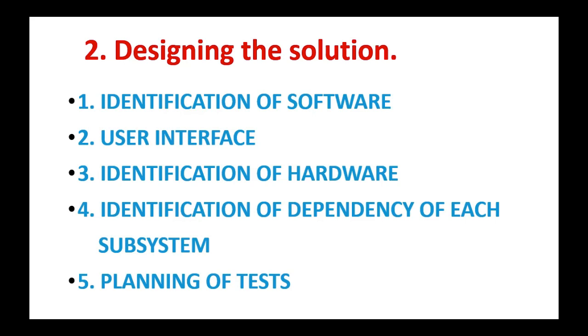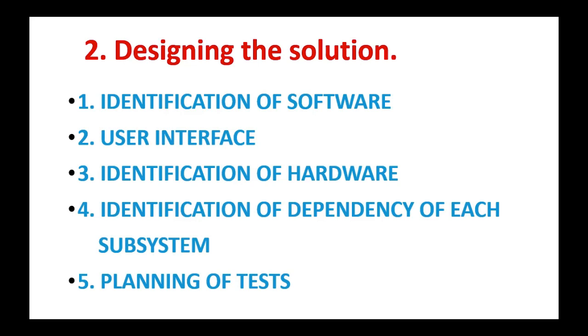Identification of software: if we are going to use a computer language, what languages should we use, and the interface of the system, how it should be, the buttons, the colors and so on, we decide that. Identification of hardware. What hardware are we going to use here? Are there any barcode readers, printers, scanners, and so on? We have to decide that.